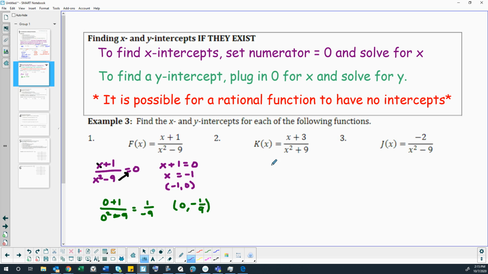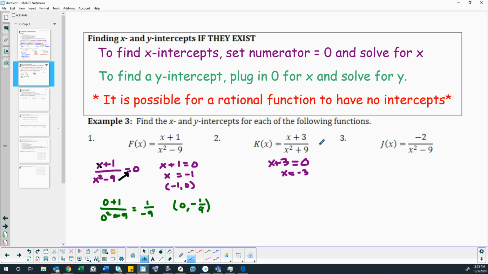Okay, question 2. Again, we're going to take our numerator. Now, in both of these examples, our numerator is linear, which means we're just getting one x-intercept for each one. If our numerator was a quadratic, then we would possibly get two x-intercepts for the quadratic.